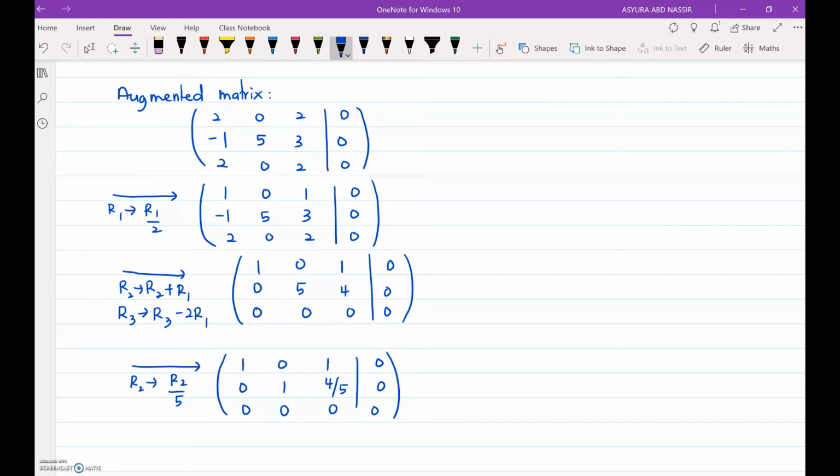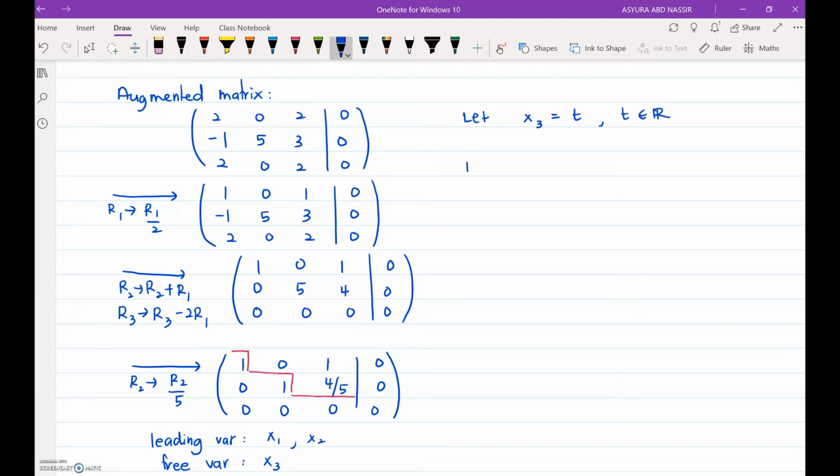So this is your row echelon form. We have the leading variables x1 and x2, and your free variable is x3. Let's assign a parameter to your free variable. So we have x3 is t, where t is any real number.